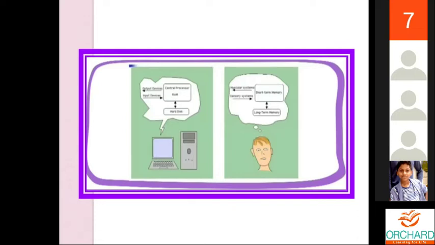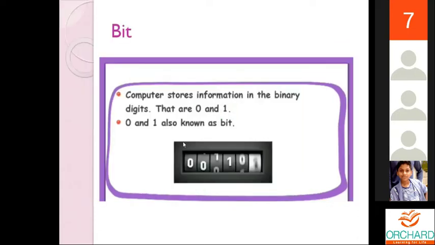Okay. So now we are going to understand the concept of bit and byte. Before going to bit and byte, I am going to talk about the binary system language. See, like a human, the computer does not understand all types of languages. We people can understand Tamil, English, Hindi, Malayalam like that, no. But the computer won't understand, right? The computer can only understand binary system language.